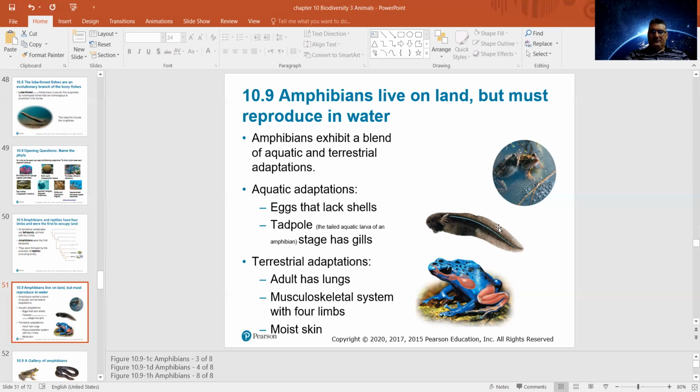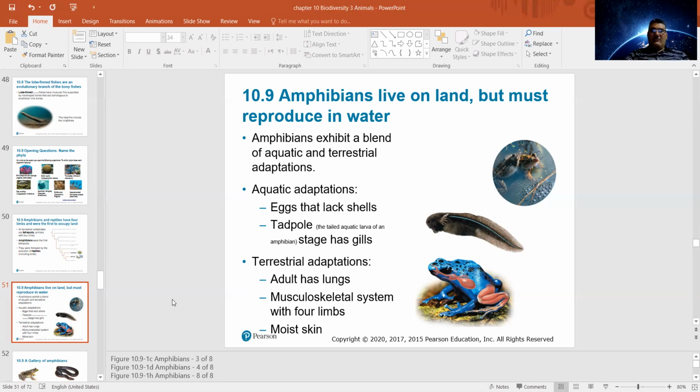Their larva lives in the water, and they have that tail that has gills. So gills, remember, are a respiratory system from water, not our respiratory system from land, from air, from the atmosphere. Gills are the respiratory system that helps you get the gases from water.